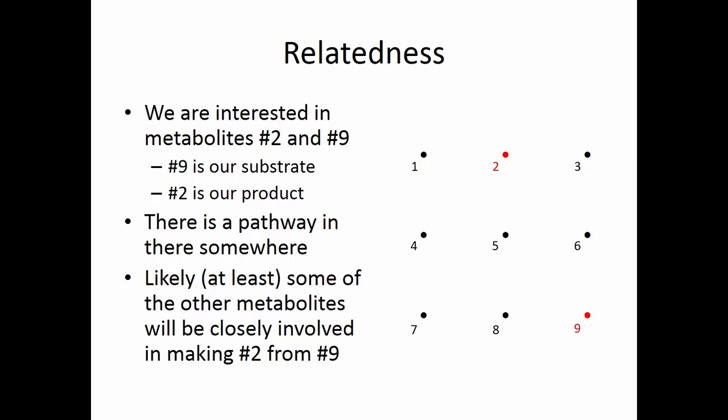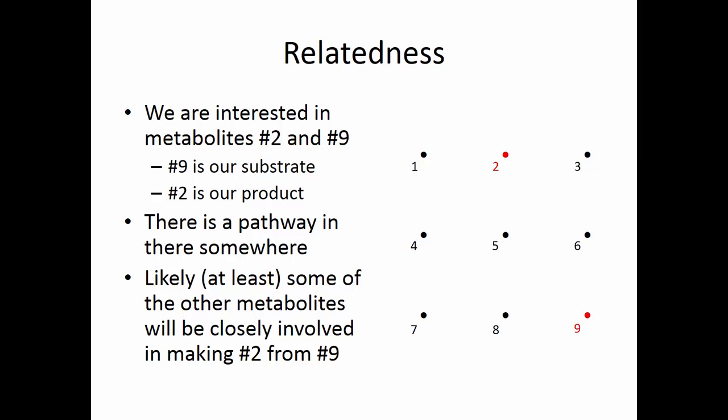And I will tell you right now that number 9 is our substrate and number 2 is our product. So that puts some context here. We've got these 7 other metabolites, but we now know that number 2 and number 9 are important because we've singled them out, number 9 being our substrate, number 2 being our product.